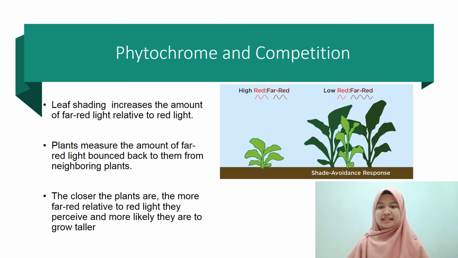This plant has a low red to far red light ratio, which means that it detects more far red light compared to red light. And this is what signals the plant to grow taller so that it can achieve enough nutrients, sunlight, water, and territory that it needs to survive.